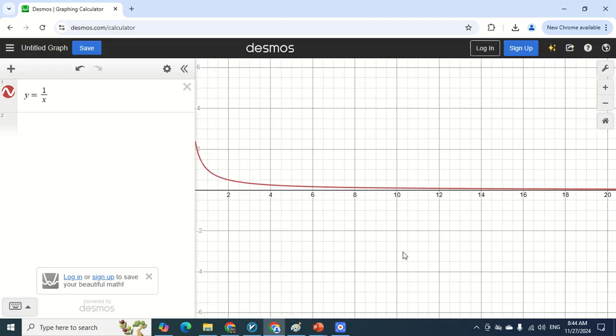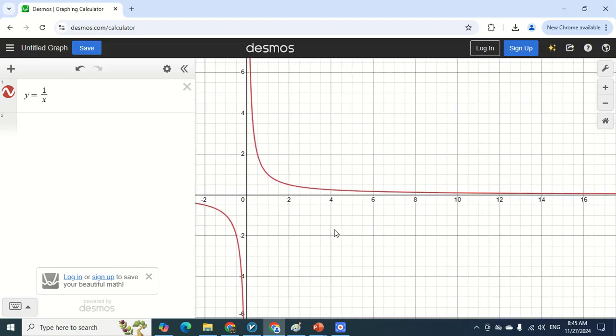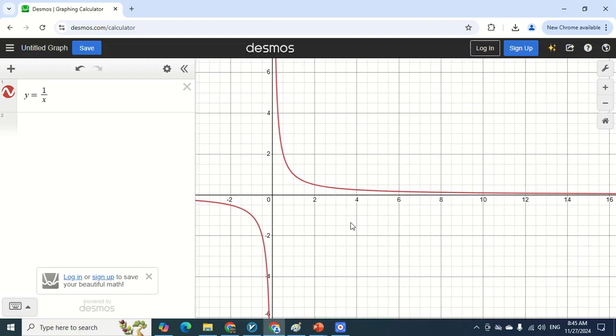Sometimes you can find the accurate and exact value of the function. For example, if I consider the point 4 for the value of x, y equal to 1 over x, then 1 over 4 or 0.25 will be the value for the given x.